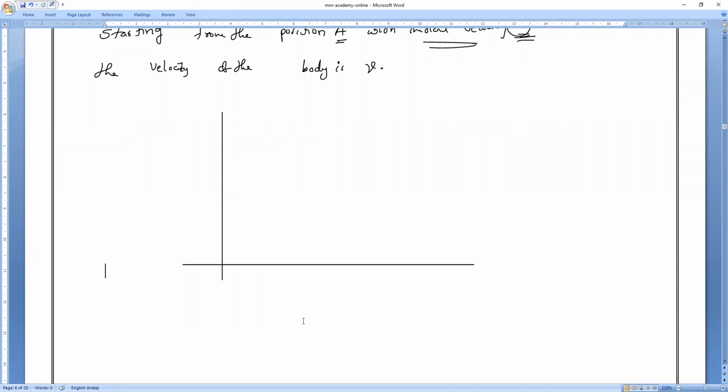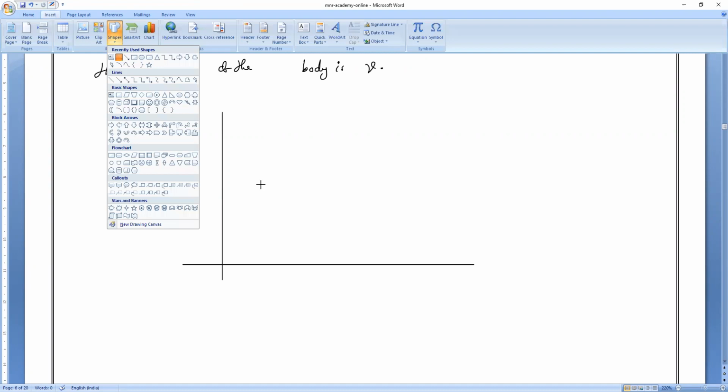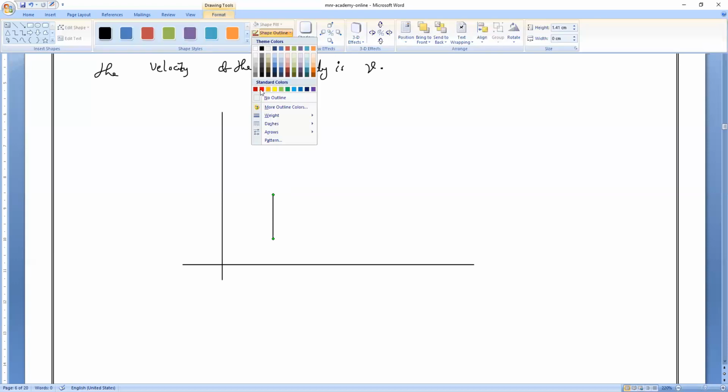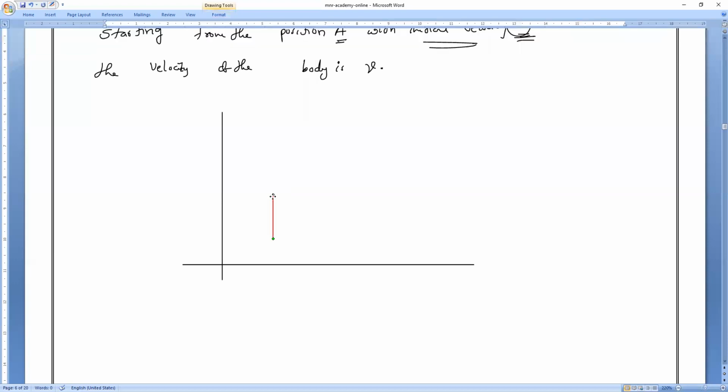So the body is not traveling with 0 velocity. Already the body is having some initial velocity. Let me take that the body is already having some initial velocity, and represent that. I will take the red color and thickness.